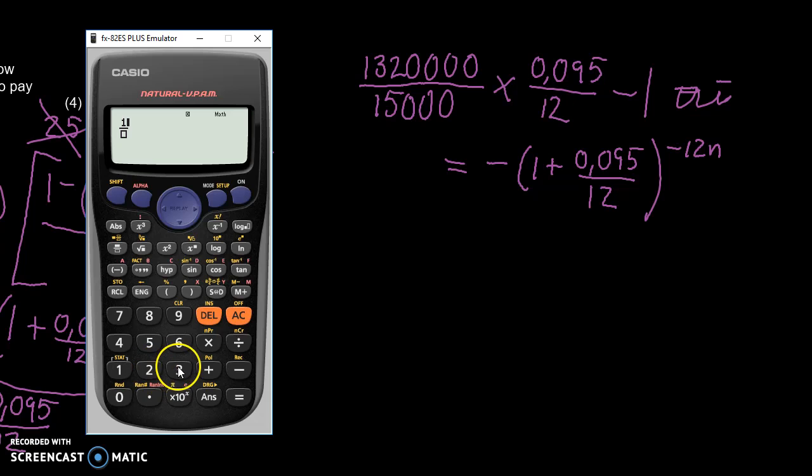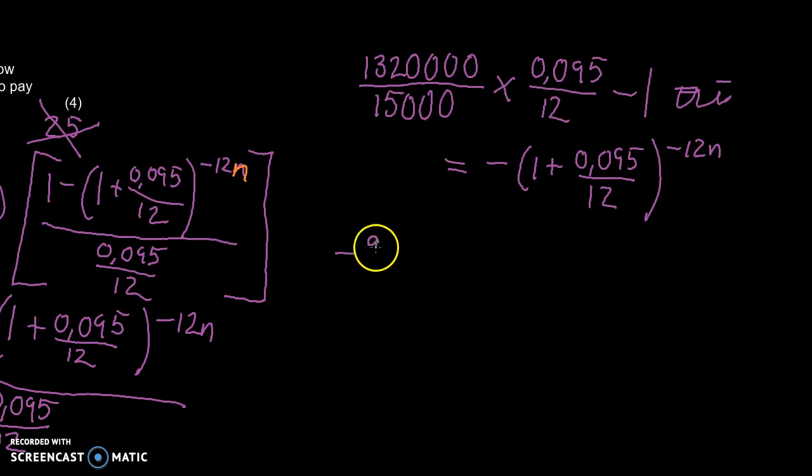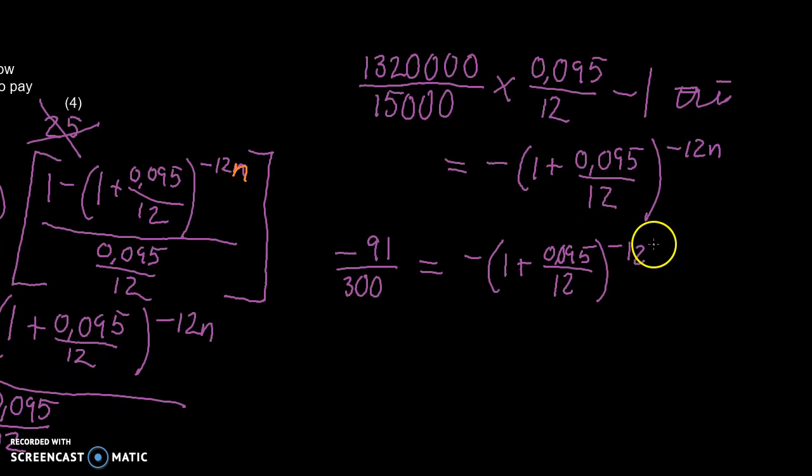So, 132,000 divided by 15,000, and that's going to be multiplied by, and we've got the fraction again, 0.095 over 12, and then we are subtracting 1, so that is negative 91 over 300, and it's equal to negative 1 plus 0.095 over 12, oh, there's a 0 missing there, to the power of negative 12n.